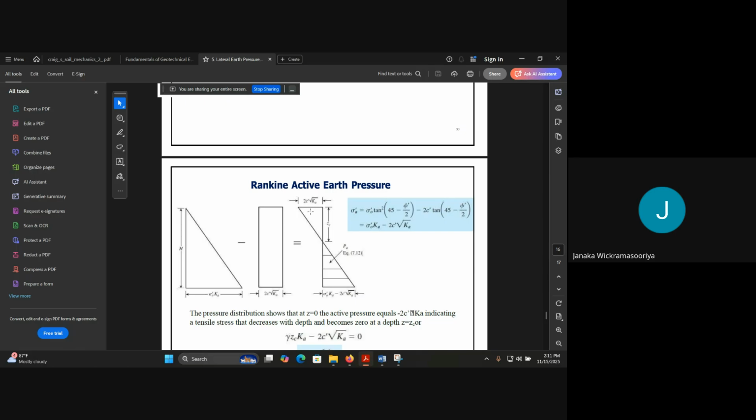Sometimes we don't have vertical stress. So this should be minus, right?